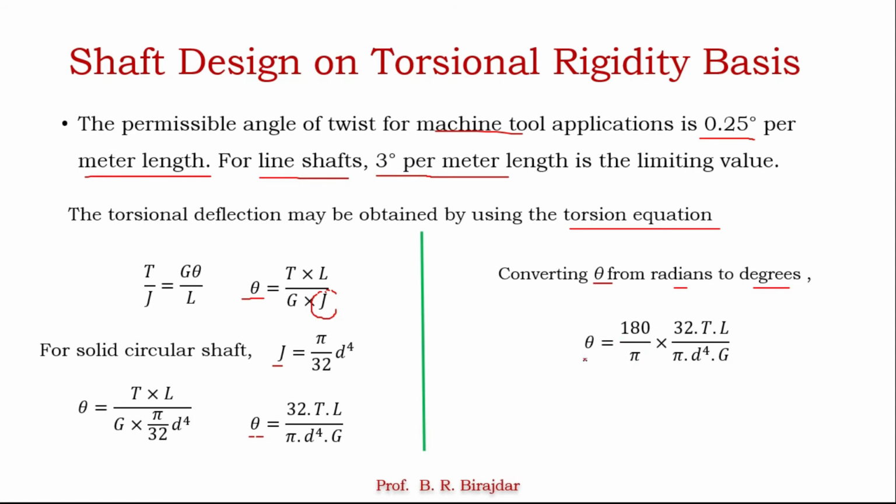Then we get theta, the angle of twist of the shaft, is equal to 584 T into L divided by G d raised to 4. The small d is the diameter of the shaft, G is the modulus of rigidity, T is the torque, L is the length of the shaft. In this way we can find the permissible angle of twist for the solid shaft.